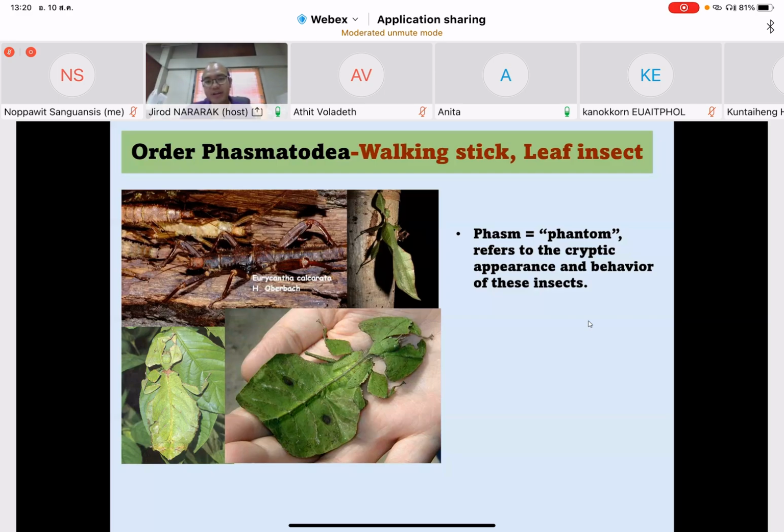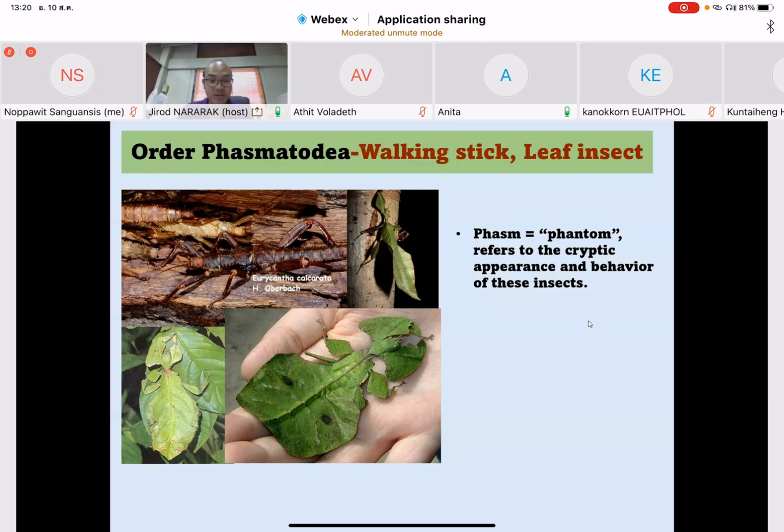So this refers to the characteristic appearance and behavior of the insect: they have the ability to camouflage. Does anybody know the term camouflage? Camouflage means, as you can see here, that they can adapt their body to be the same as the environment.